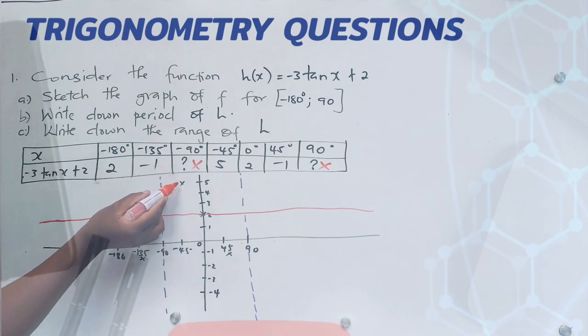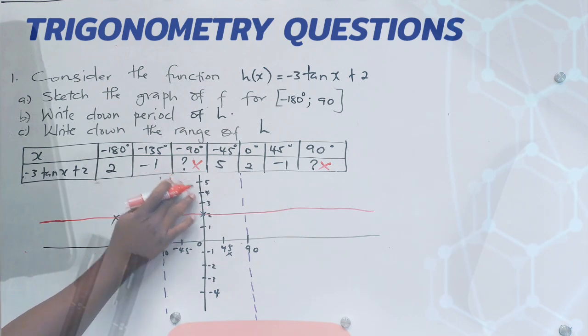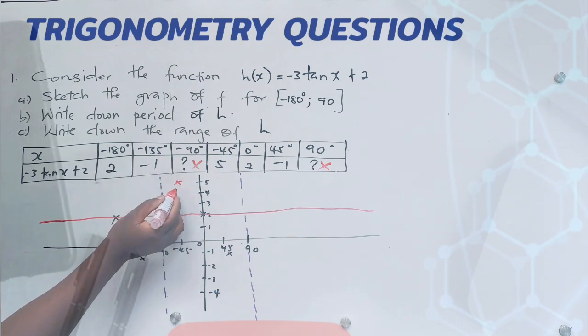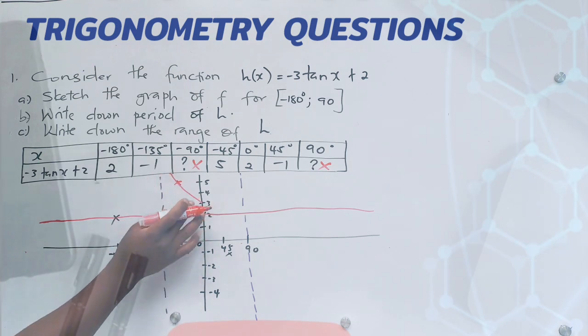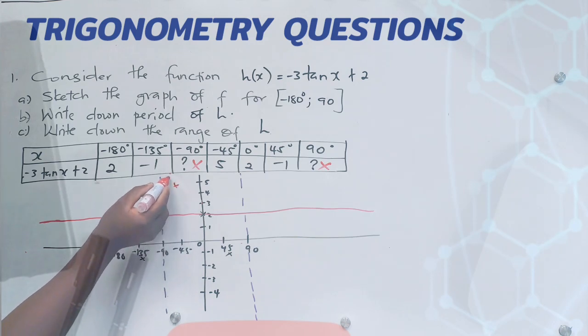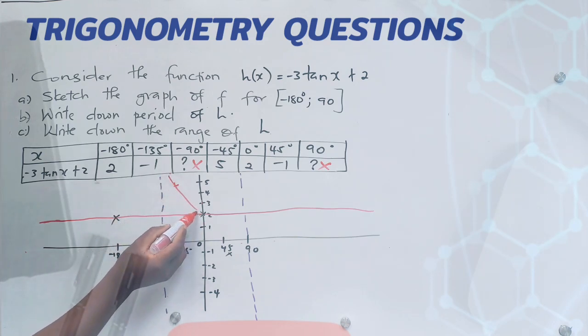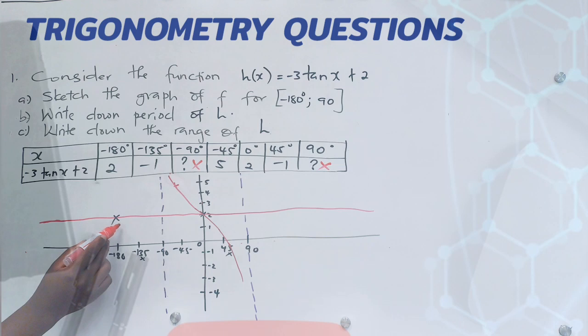So our graph will look like this. It starts here. Then, sorry, let me push my point a little bit here. It's due to my board. This is our graph, then this side is like this. So this is our graph of tan.